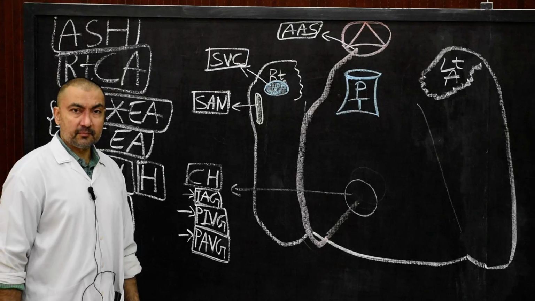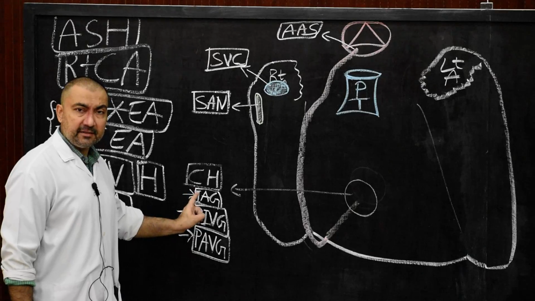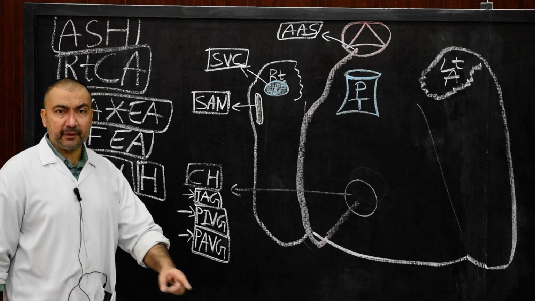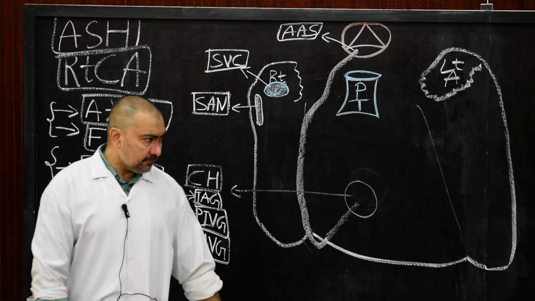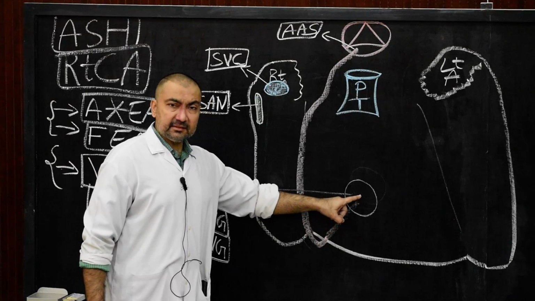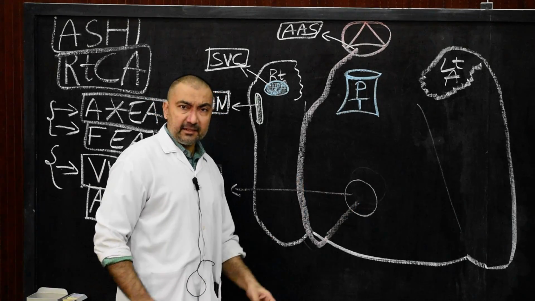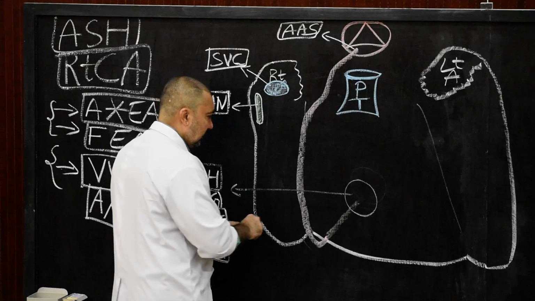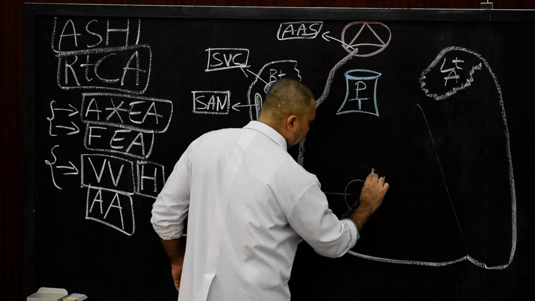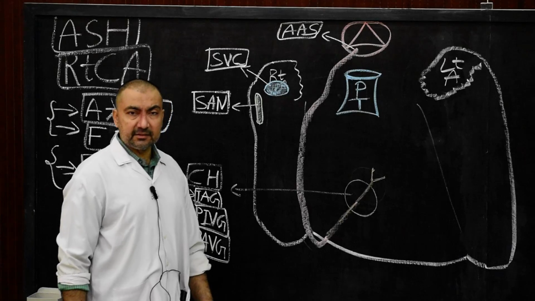So once again I'll repeat, the crux of the heart is the meeting point of the 3 grooves: interatrial groove, posterior part of interventricular groove, and posterior part of atrioventricular groove. Here, this right coronary artery will pass till the crux of the heart, and just on the left hand side of the crux of the heart, it will anastomose, it will end.